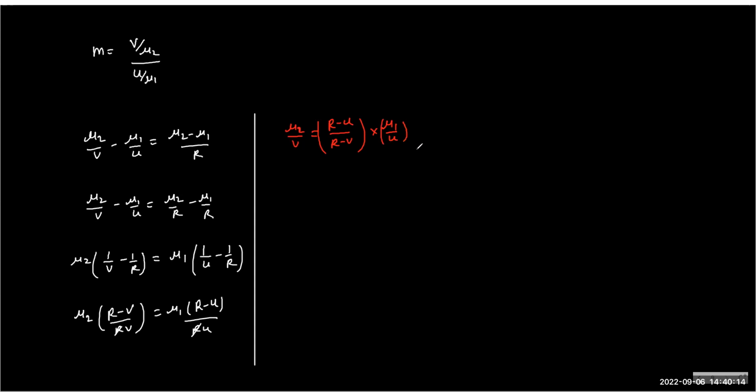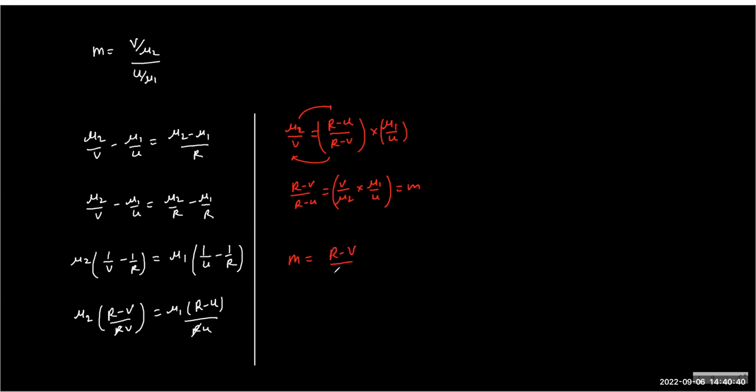So if we rearrange, it will look like r minus v upon r minus u. I will just shift this side. This becomes v by mu2 into mu1 by u, which itself is magnification, right? So without mu, you can write magnification in terms of r, u, v. So if you know the u, v and all, you can find the answer.